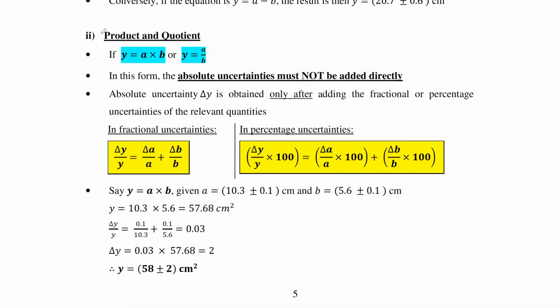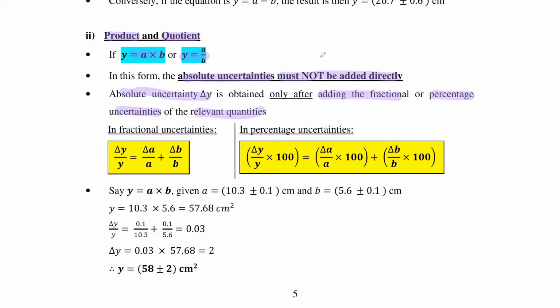Next, if y is defined as the product or quotient of other quantities, like the one shown here, to find the uncertainties, the absolute uncertainties will not be added directly, unlike the previous case. Instead, we will be adding the fractional or percentage uncertainties of the relevant quantities first, before we're able to find the absolute uncertainty.